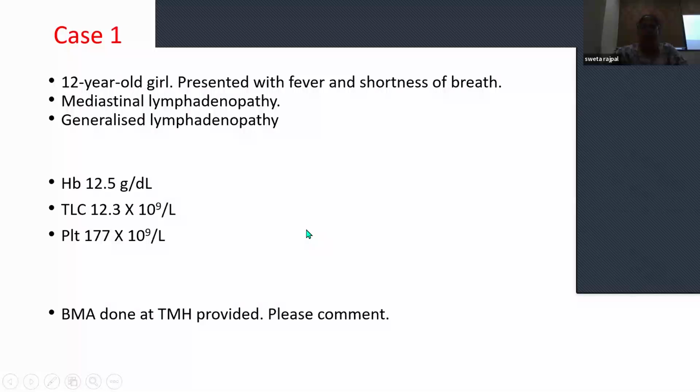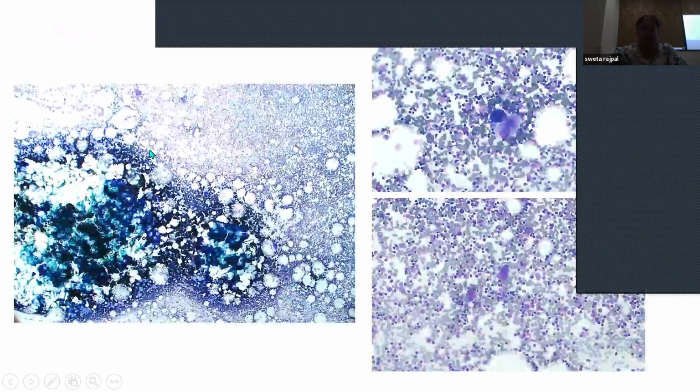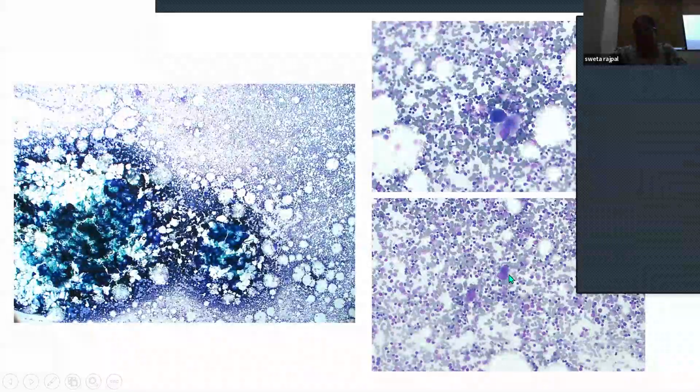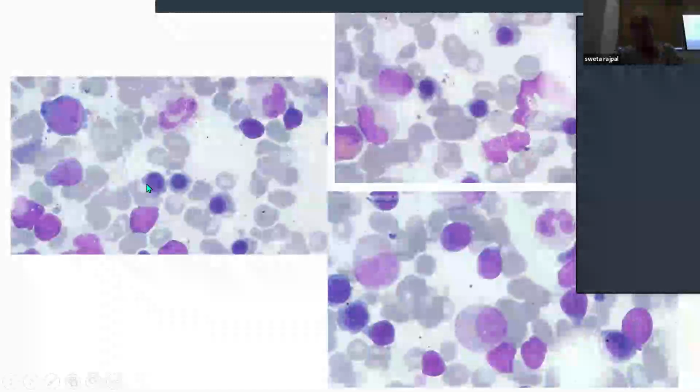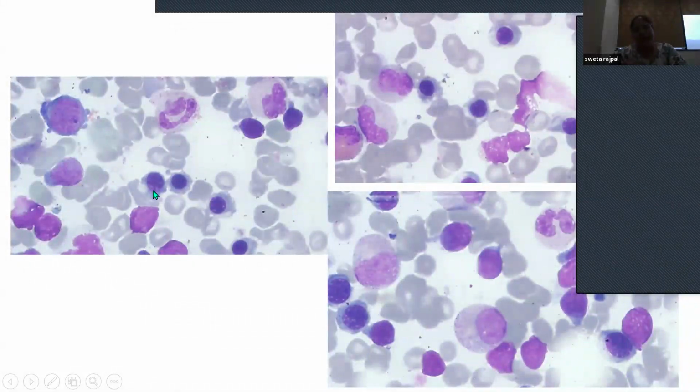So we performed a bone marrow aspirate. It was particulate, normocellular for age. We could see these cells, which are megakaryocytes. At higher power we could appreciate normal erythroid precursors. This one is the early erythroid precursor with basophilic cytoplasm, and as it matures, the nuclei get condensed and we can appreciate lighter chromatin and dense chromatin.